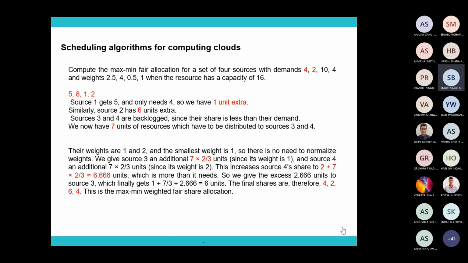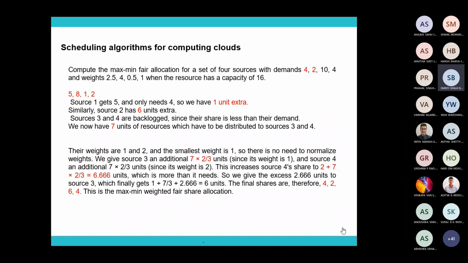Sir, can you go to the previous slide once? In every iteration, we need to check for all the users whichever has got extra, right, not one by one? Anything can be done, then finally it yields the same value only, right? Yes, you just assign according to the weight.